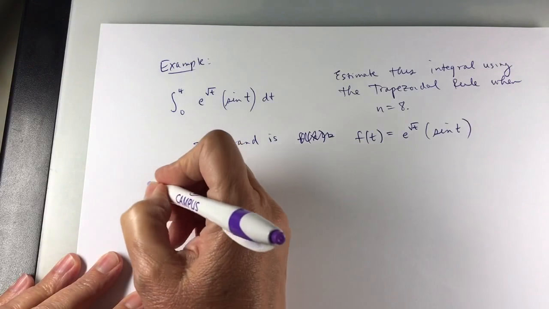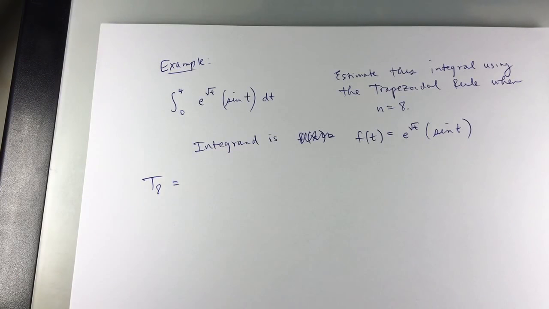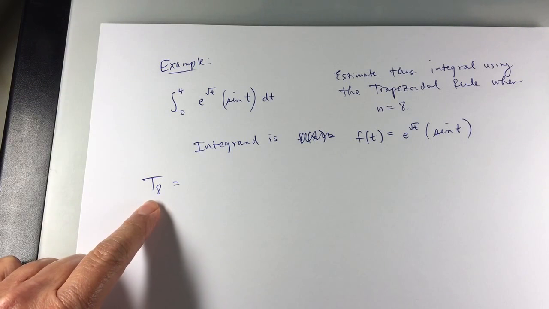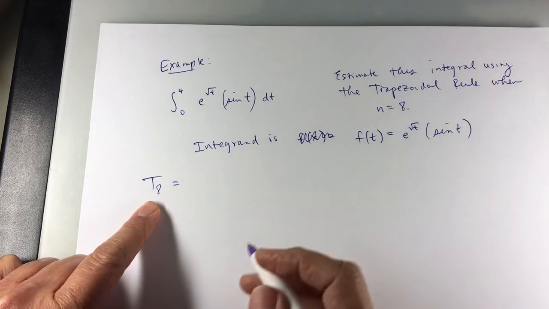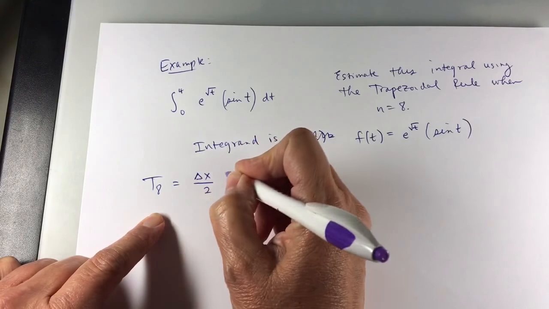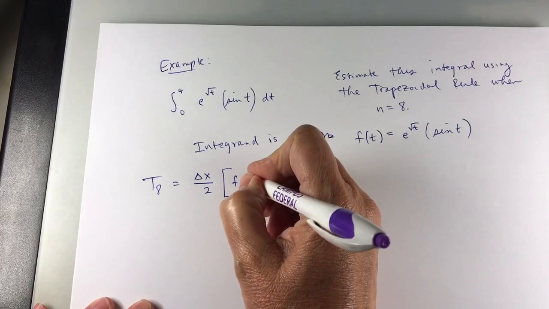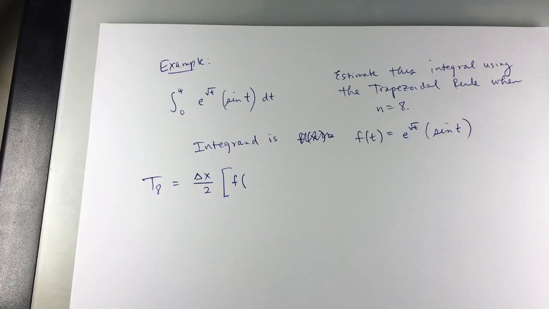So here's my trapezoidal. I write T sub 8, and there I'm using the notation of the author of the book, which means the sum of the 8 trapezoids. So it's going to equal delta x over 2, and then I kind of like to use brackets right there, and this will be f, well, I'm using x, but on this problem it's really t.